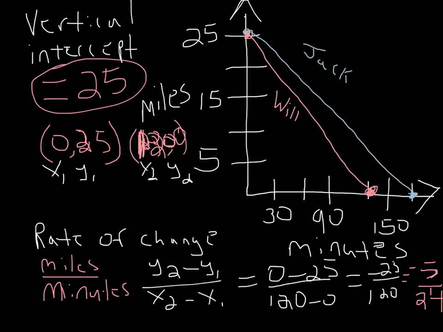So that would mean that when you're looking at this graph, Will is moving at 5 miles, or he's knocking 5 miles off the distance that he has to finish, 5 miles every 24 minutes. So he's moving at 5 miles per 24 minutes if his rate were a constant rate.